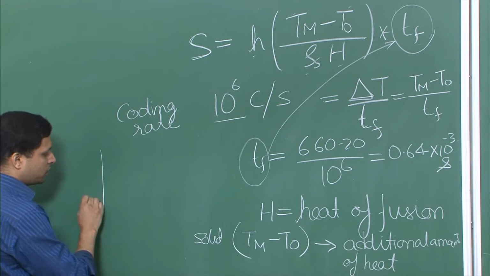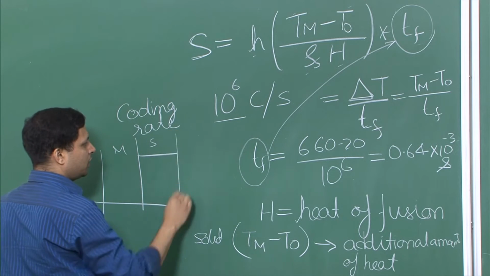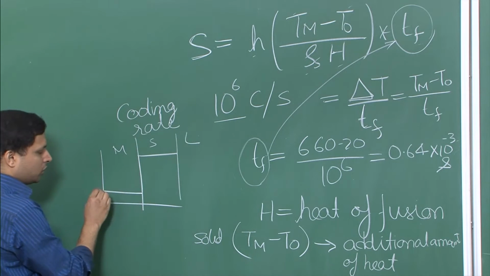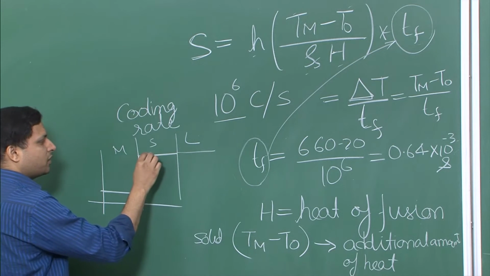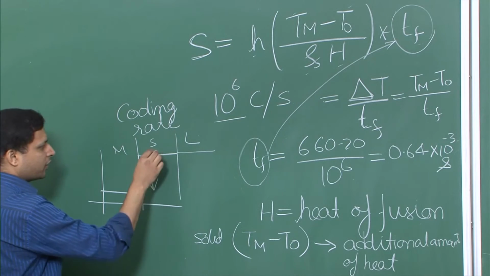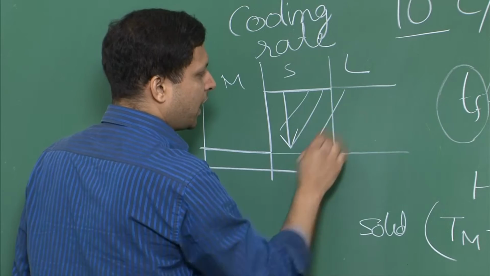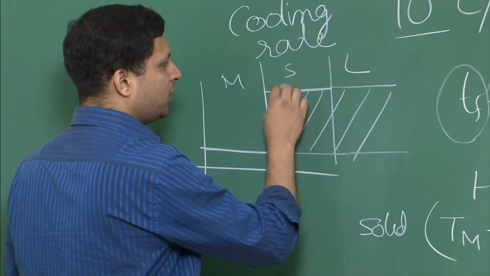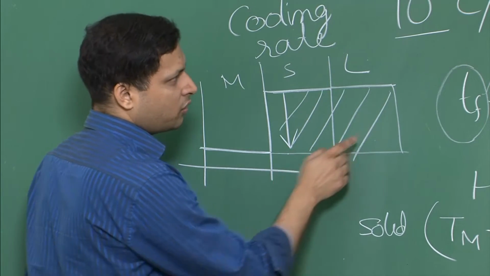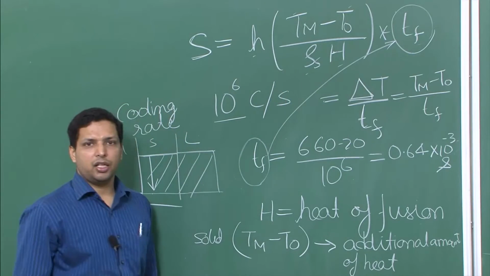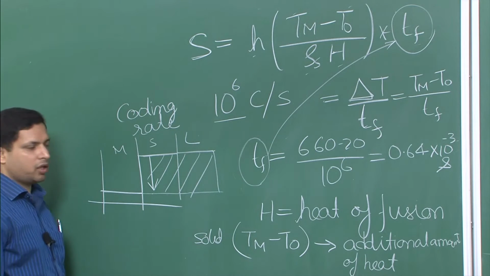You remember the plot over there, the interface resistance: this is the mold, this is the solid, this is liquid. We were only concerned with liquid becoming solid, but never with decreasing the temperature of the solid to room temperature. So there is some additional amount of heat that has to be absorbed to bring the whole solidified splat to room temperature. That heat has not been taken into account in the original equation, and that is something we need to take into account.